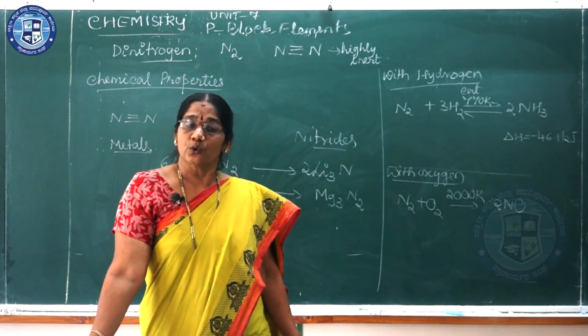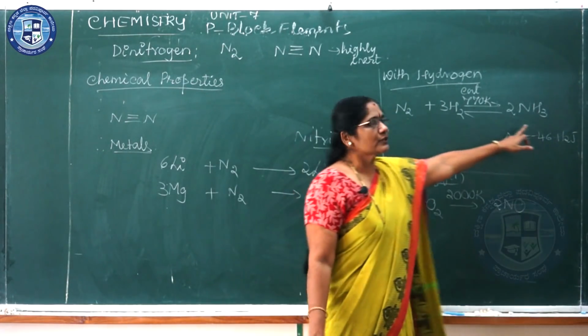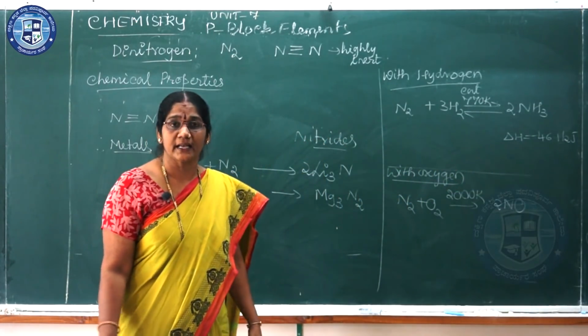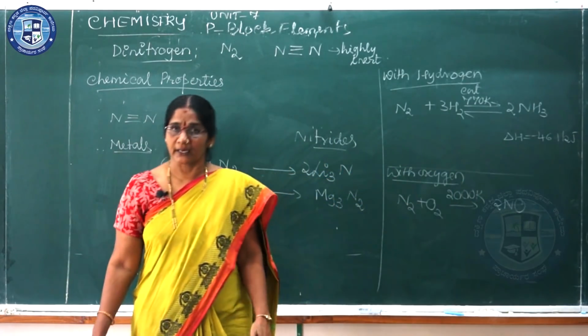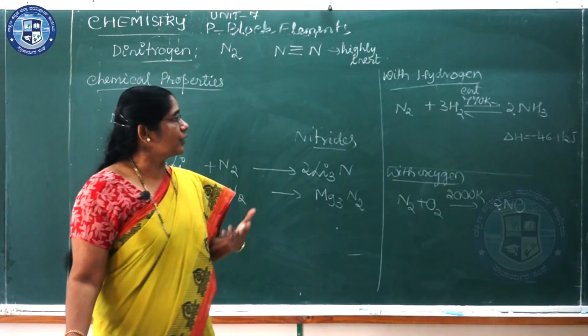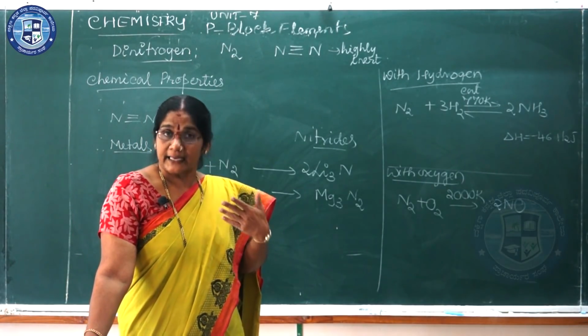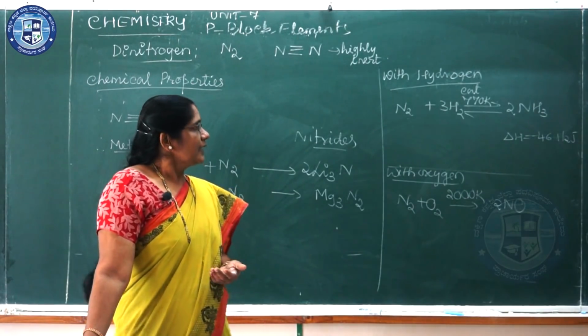Now coming to the uses of nitrogen. You can see nitrogen is used in the preparation of ammonia, which is used in the preparation of many fertilizers. It is also used in the preparation of nitric oxide, oxides. Nitrogen is used in the preparation of ammonia and calcium cyanamide, which are used as fertilizers in the fertilizer industries.